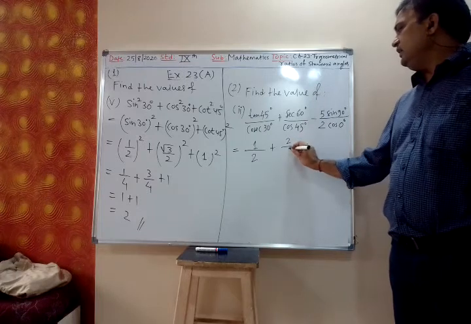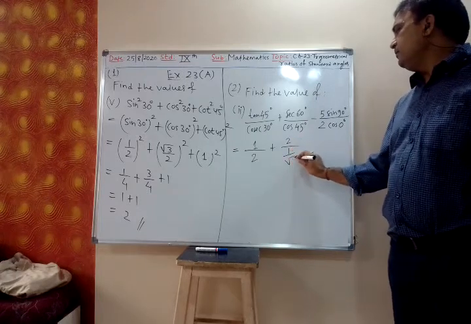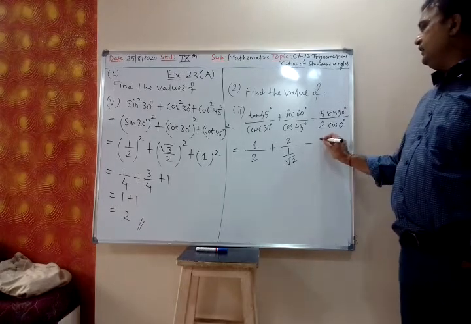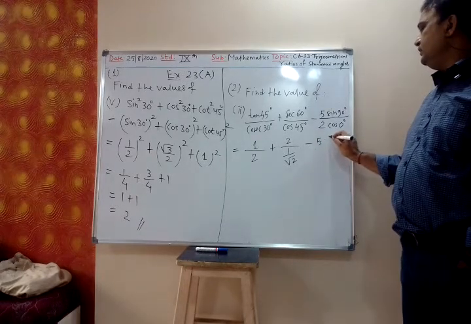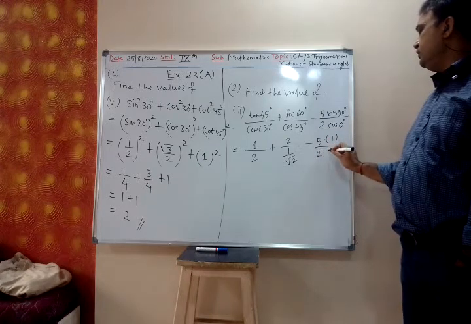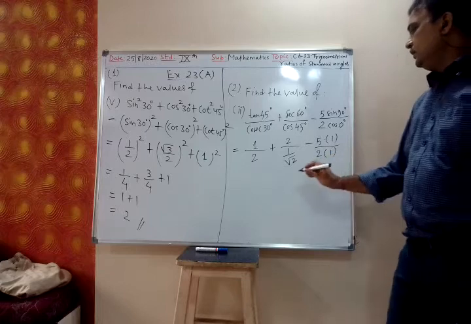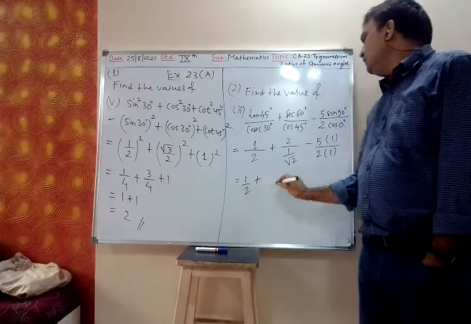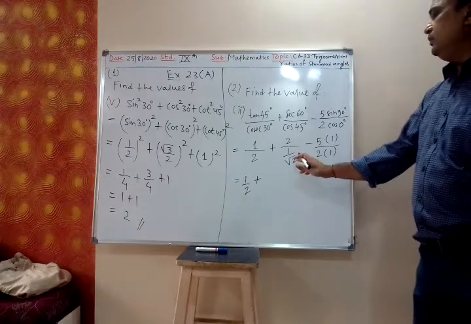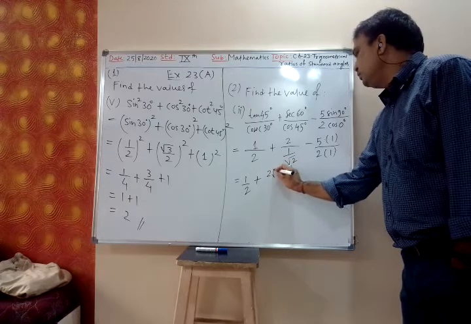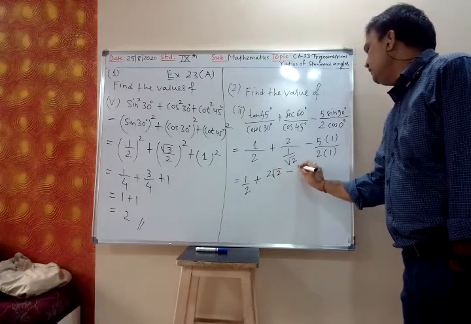Cos 45 degree is 1 upon root 2. Minus 5 sin 90 degree, which is 1, upon 2 cos 0 degree, which is 1. So 1 by 2 plus 2 divided by 1 by root 2, which is the same as 2 multiplied by root 2, so that is 2 root 2, minus 5 by 2.